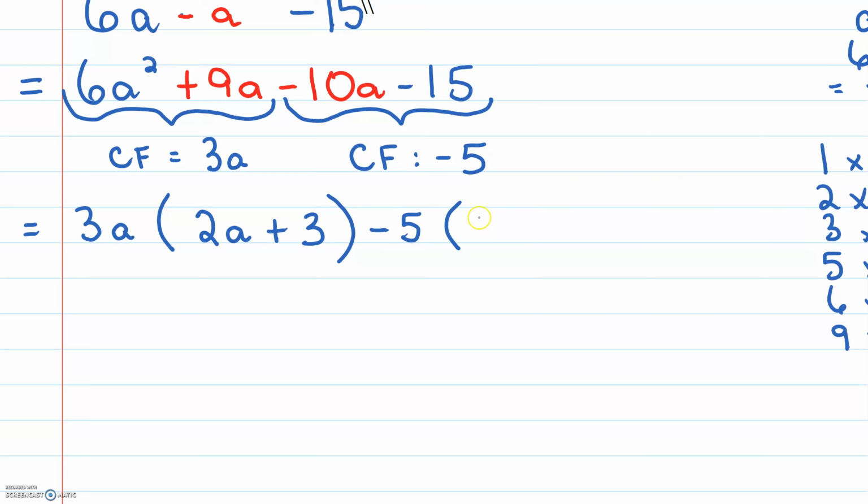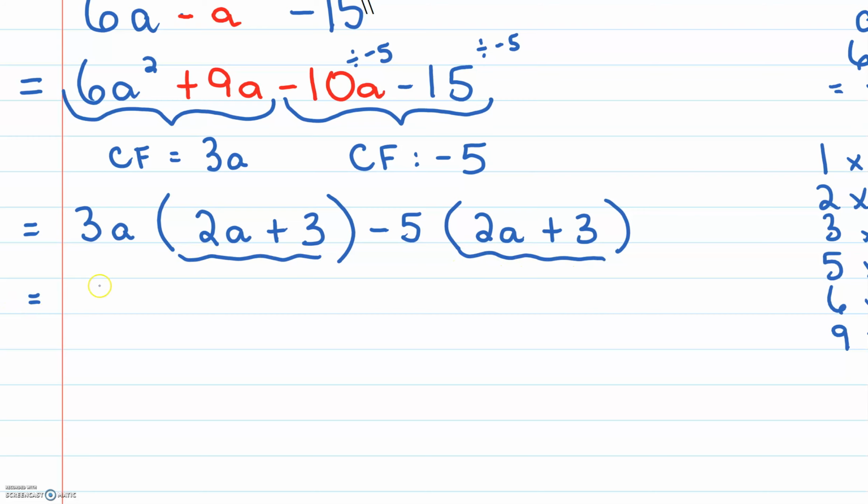Negative 10 divided by negative 5 is positive 2, and we just have to put the a there to satisfy this 10a. And then negative 5 times positive 3 will give me negative 15. Or you can do negative 15 divided by negative 5, if that helps. Just don't forget about the a's. So I know I've done this correctly because these two brackets match exactly.